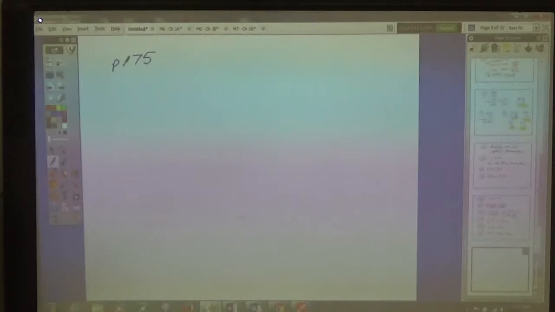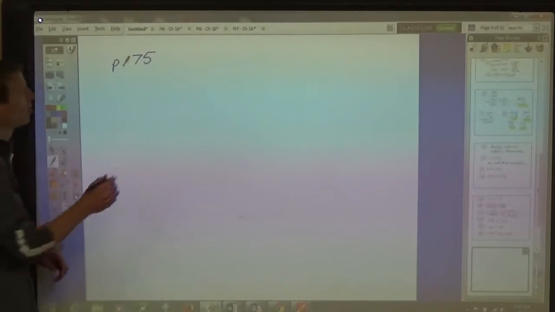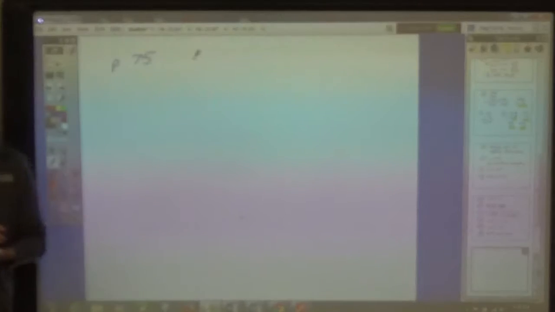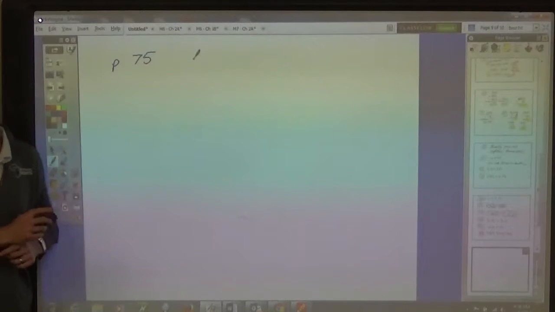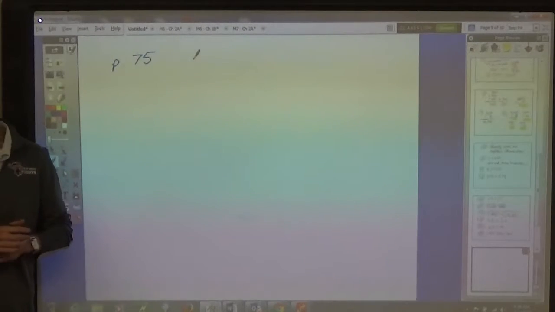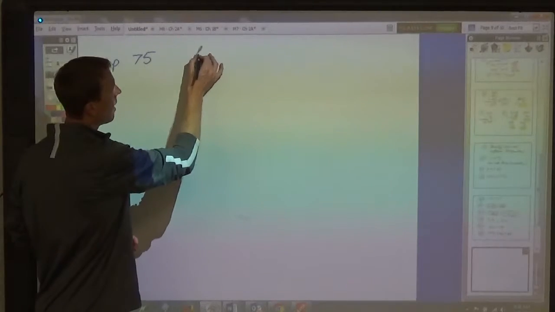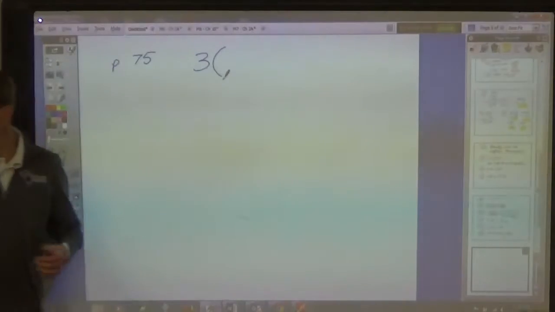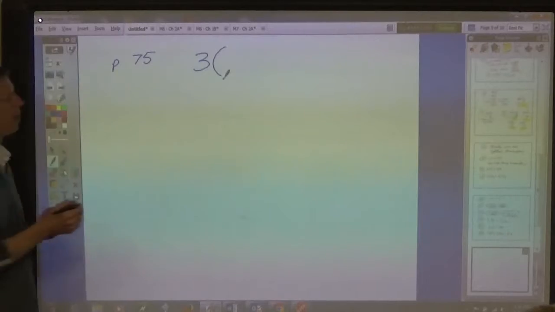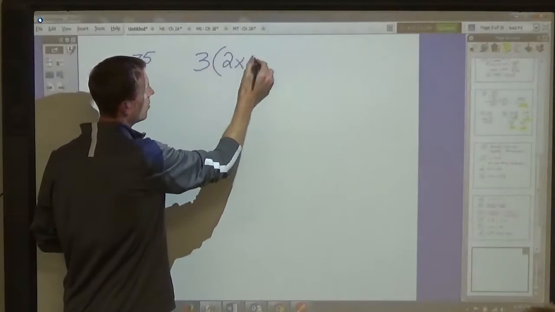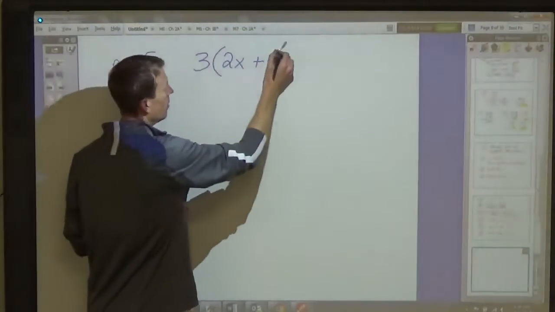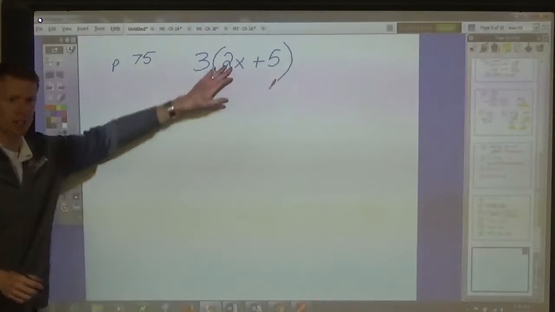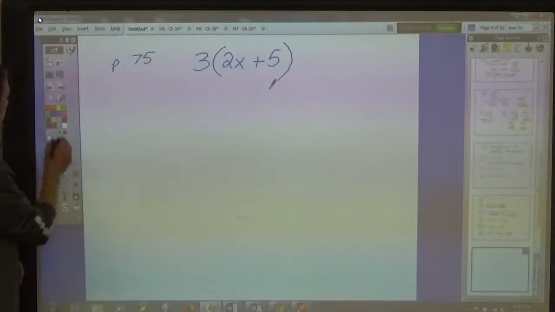There's another example. Actually, there's two examples here that I want to look at. Example 4 is one that I want to look at. Example 4 has some algebra tiles, they're called. And they are showing you this. Plus 5. This is what a model of this expression would look like.